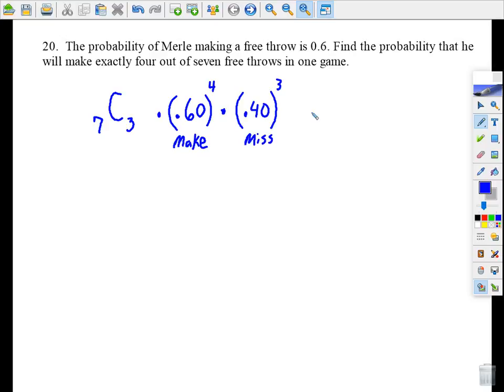Hit the equal key, and the decimal is what is shown on the calculator, but we want to put this in percent form, and typically you can just round these to the nearest percent. When you change the decimal to percent, remember you just slide the decimal point 2 places to the right, so that makes 29.0304, but to the nearest percent we would just say 29%. So that would be your answer for number 20.